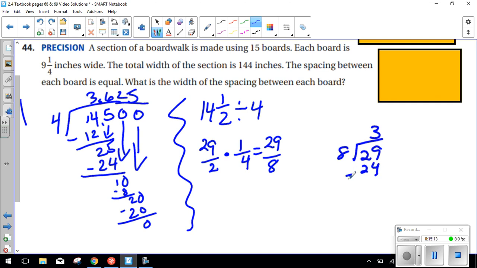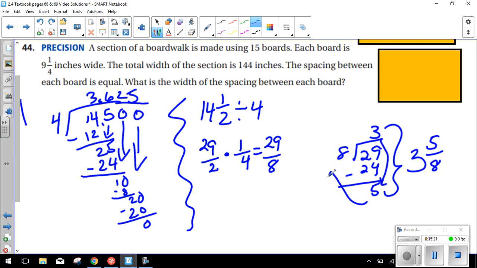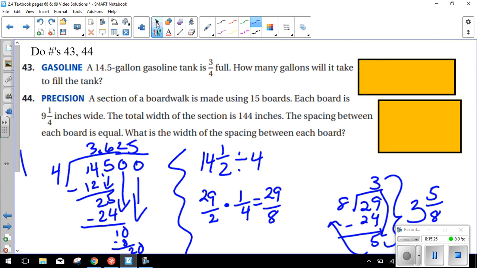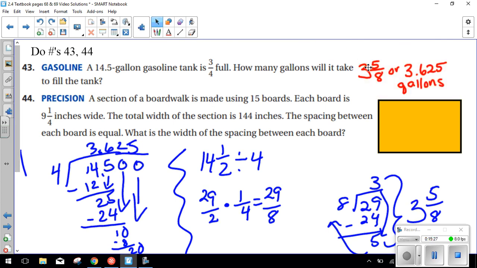That's 24 with 5 left over. So as a mixed number, we get 3 and 5/8. So my solution for number 43 is 3 and 5/8 gallons, or 3 and 625 thousandths of a gallon.